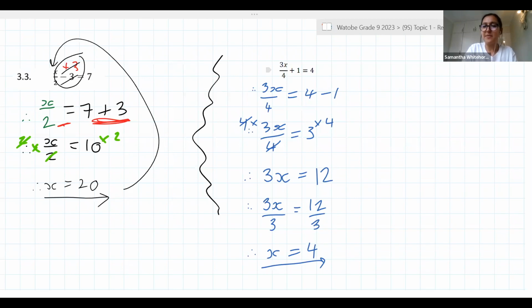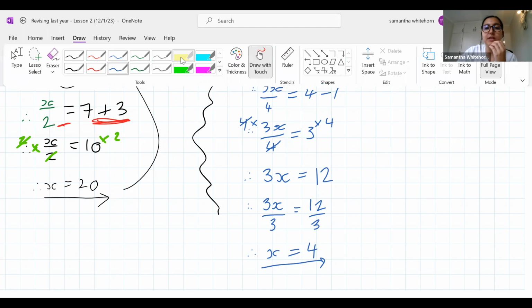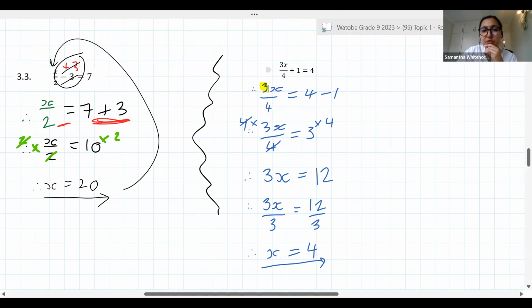Okay, so guys, essentially we follow the inverse operations. Now, again, the inverse of a fraction is to multiply. I don't want to say it's a spanner, but the additional thing that we needed to bear in mind was this 3.